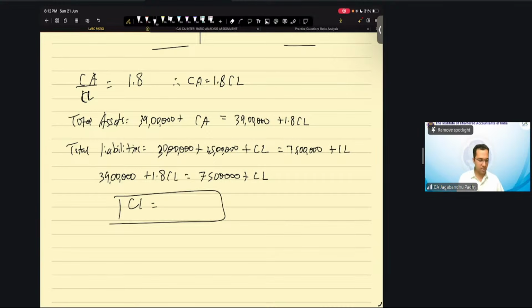How much is the current liability in this case? So 75 lakh minus 39 lakh divided by 0.8.